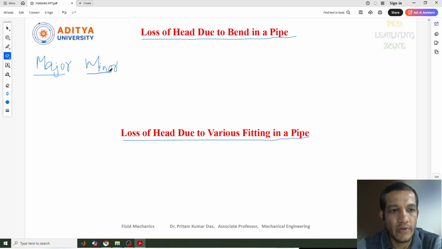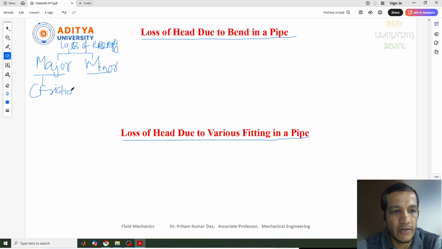Major loss happens mainly due to friction in the pipe. Loss of energy or loss of head, both are the same thing.